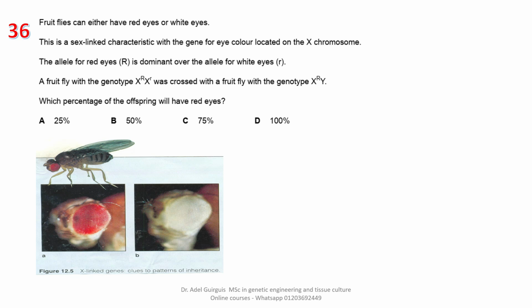The allele for red eyes, capital R, is dominant over the allele for white color, small r. A fruit fly with the genotype X^R X^r, heterozygous, was crossed with a fruit fly with the genotype X^R Y. Which percentage of the offspring will have red eyes?